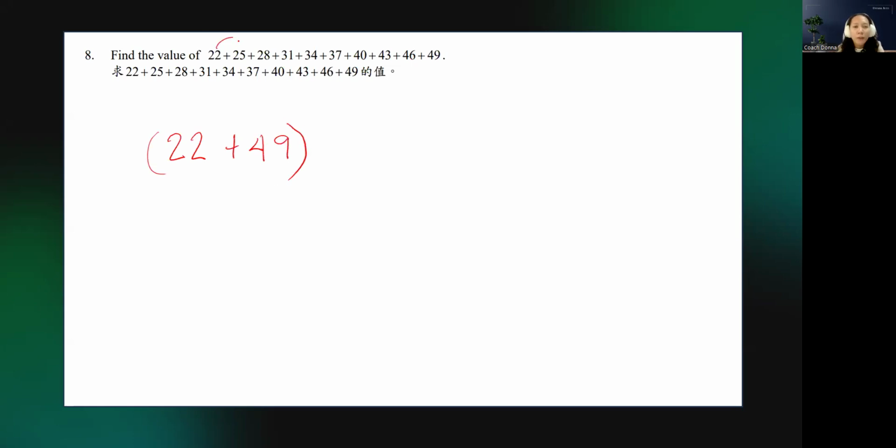Going from the first number to the next, that's being added by 3. This is being added by 3. This is being added by 3. So what's the purpose of identifying that we're adding 3 constantly? This means to say if we're adding a certain number consistently or constantly, that's called an arithmetic sequence.